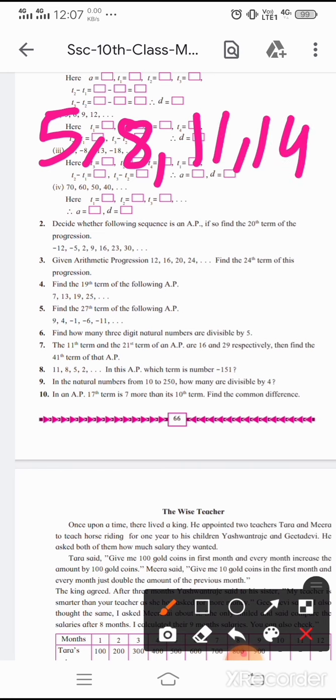As you can see, the difference between these consecutive terms is 3. So we can easily say that it is an AP.